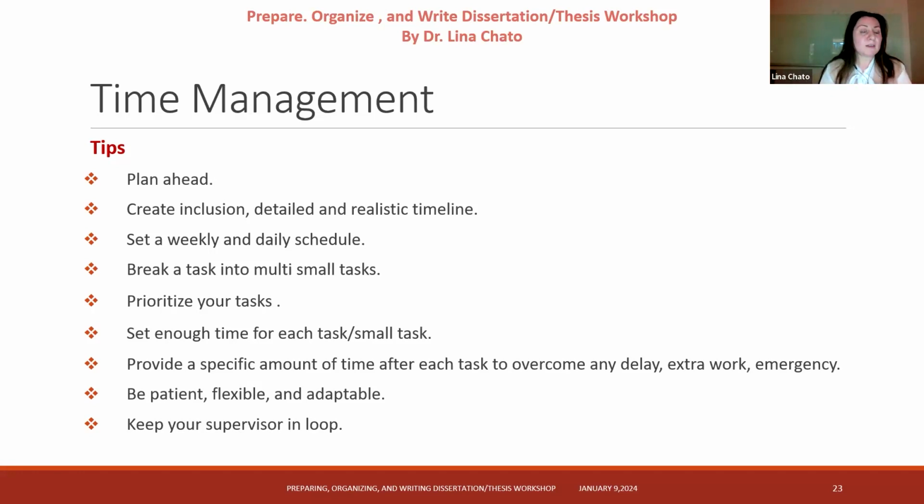You can update it based on your research achievements, based on the results that you get, okay? Also, you need to be patient, flexible, adaptable, because, as we mentioned, it is a recursive research cycle. Yes, we expect sometimes everything is okay, positive, but you know obstacles happen.